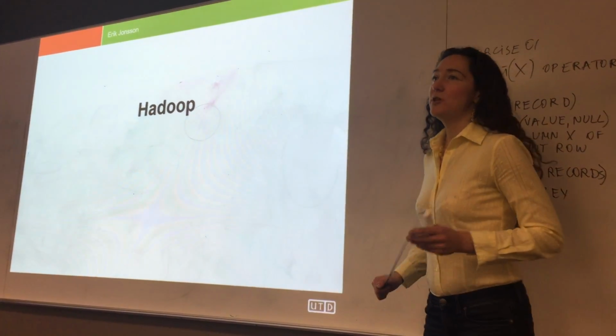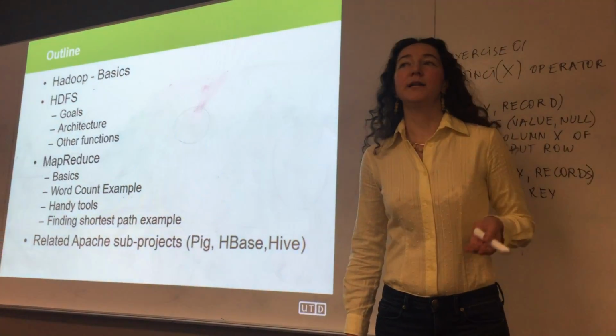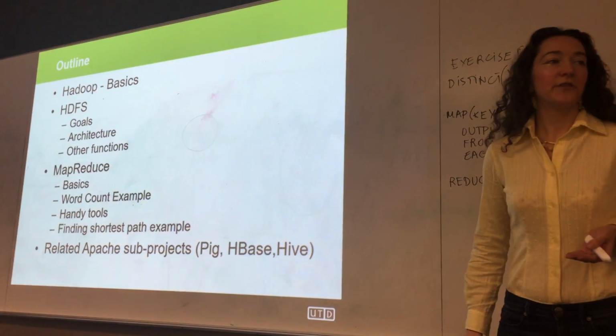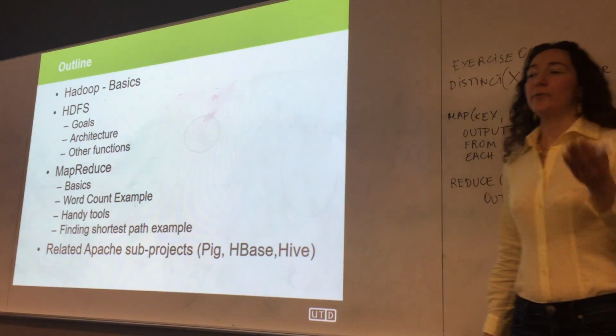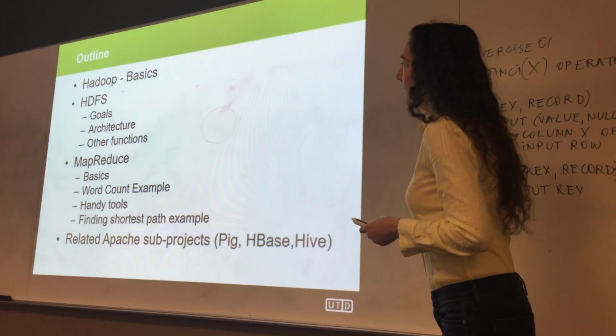So we have the same situation with Hadoop, which is going to manage very similar things. However, instead of managing them on a single machine, it will manage them on multiple machines.